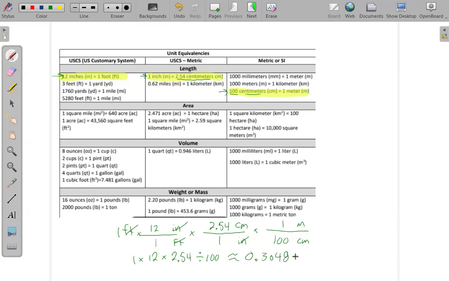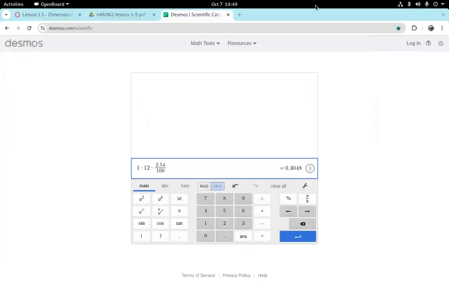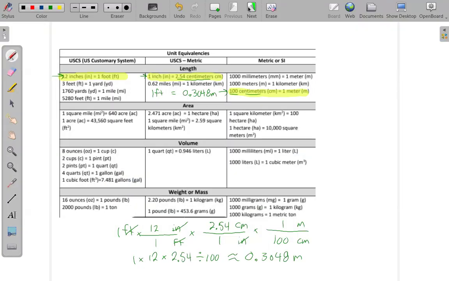So I have a new thing to add to the table here. I can write in here that 1 foot equals or is about 0.3048 meters. And I'm going to use that.